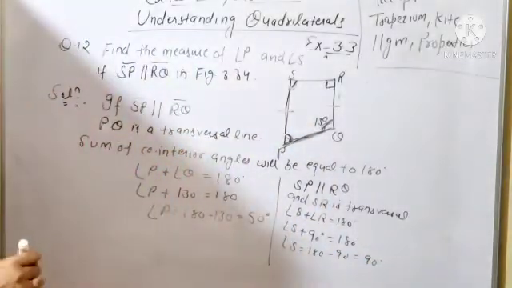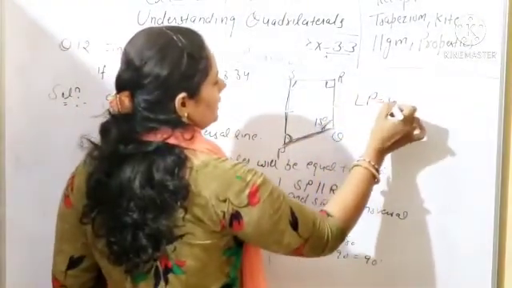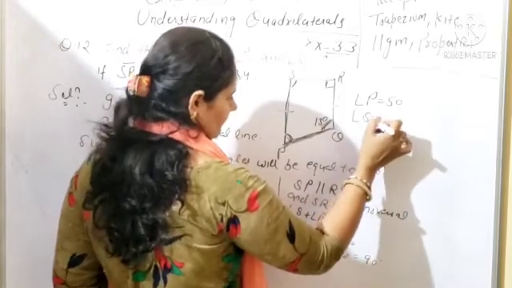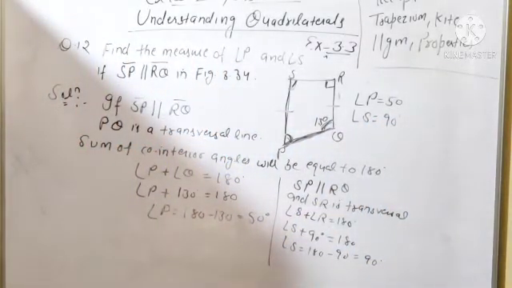So you have to find out angle P and S. So angle P is 50 degree and angle S is 90 degree. Clear? Yes. P is 50 degree and S will be equal to 90 degree.